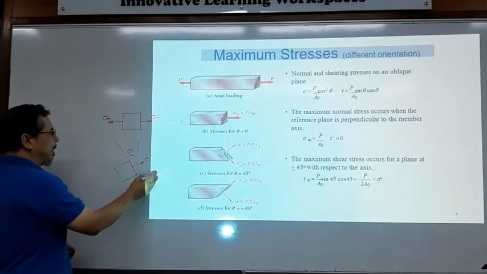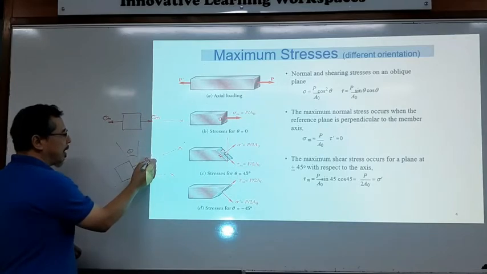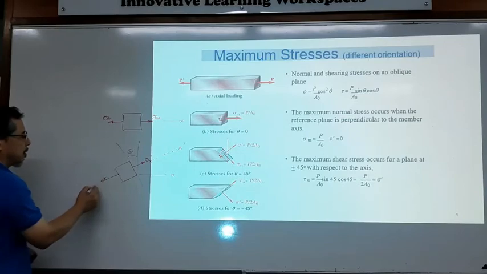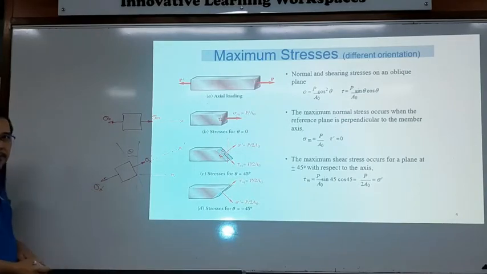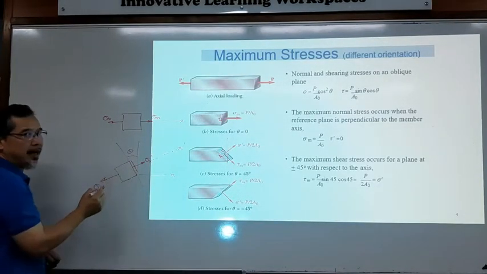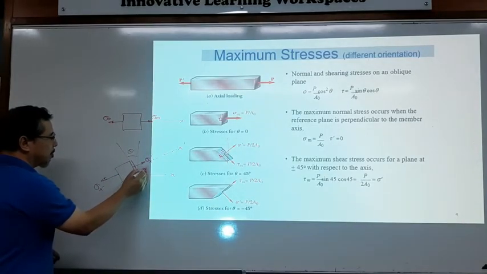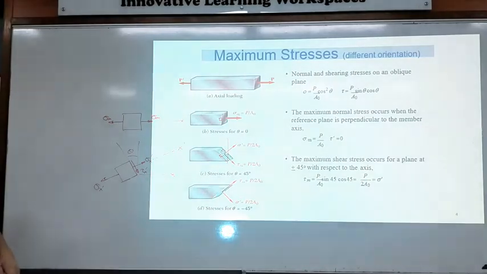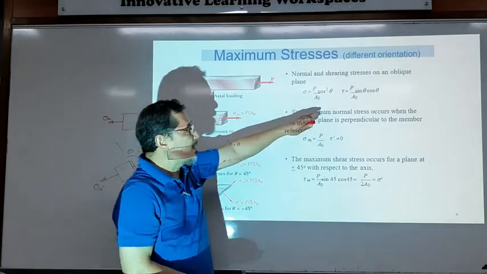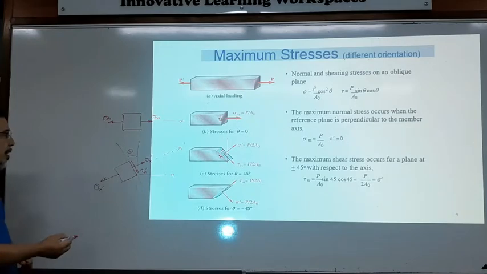If that is x and that is x prime, so that is sigma x prime, which is at an angle. And on this surface here, we will have a shear component, and that is tau x prime. So we have a shear component which is given by this equation here. Tau is P over A naught sin theta cos theta.